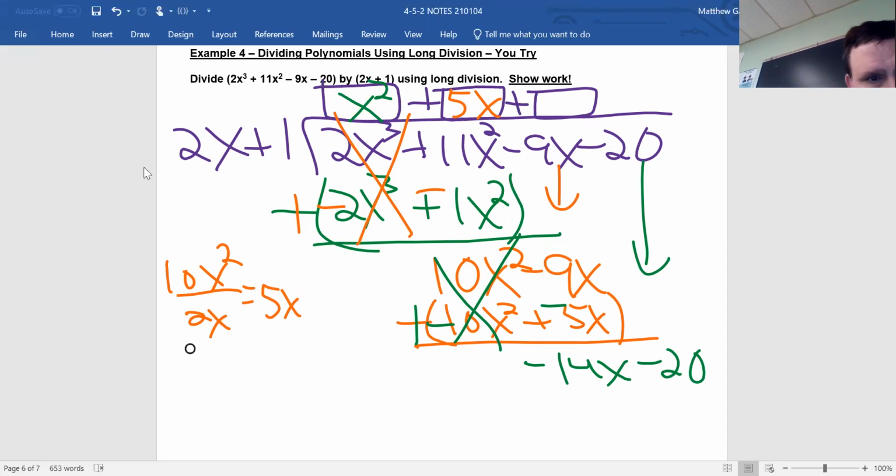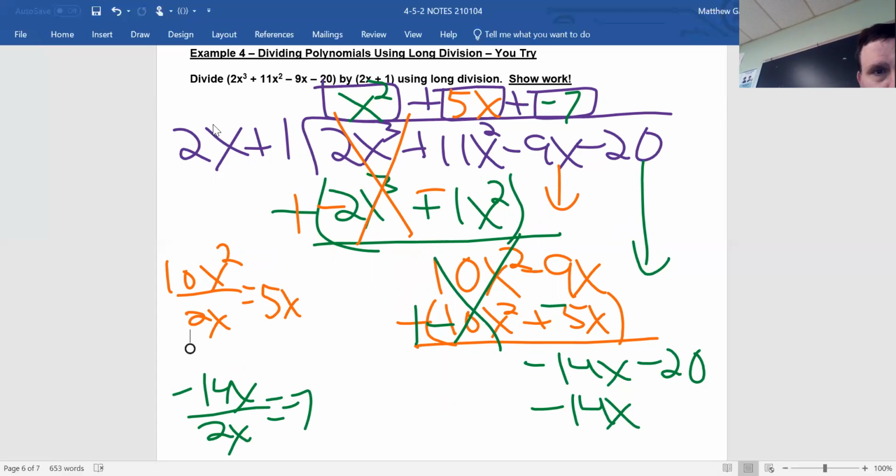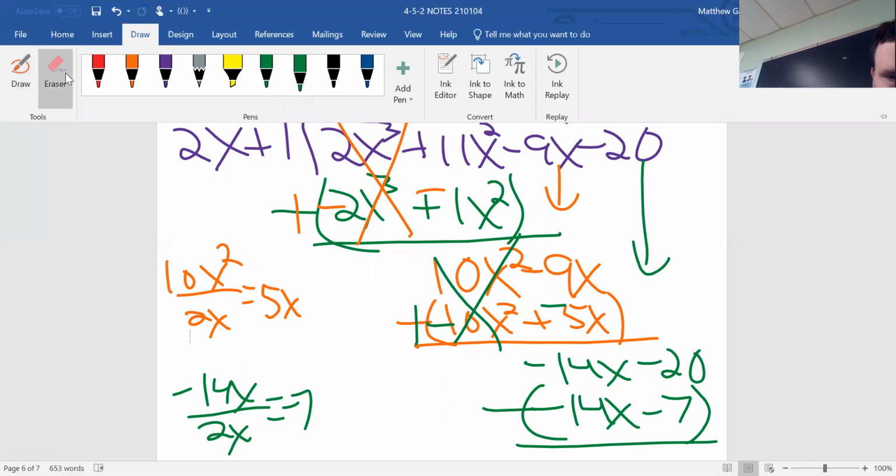And then link negative 14 and 2. Negative 14x divided by 2x is negative 7. So that negative 7 in green multiplied by 2x is negative 14x. Negative 7 times 1 is negative 7. And then subtract going down. Let's clean that up.